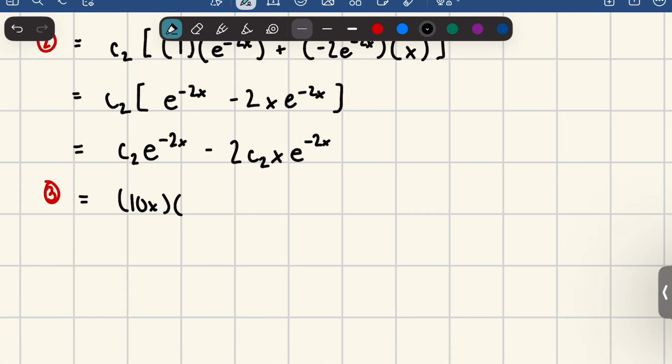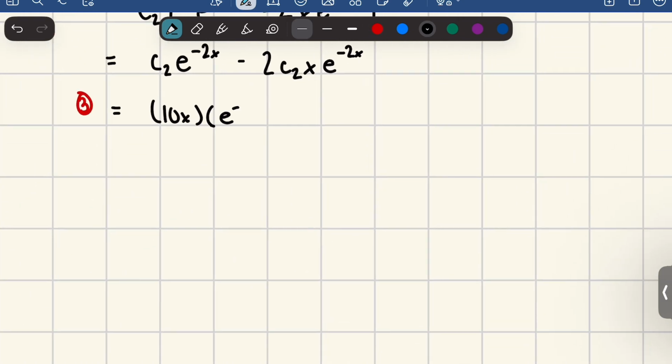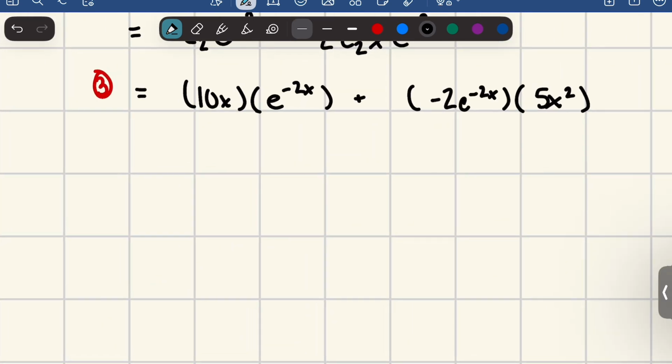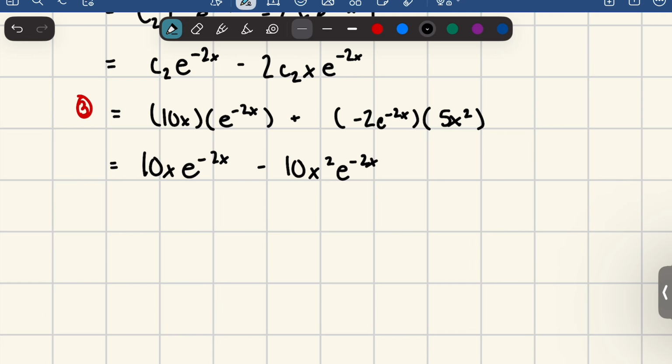And g is e to the negative 2x, plus negative 2e to the negative 2x, that's my g prime, and f was what? 5x squared? Yes. This feels like it's gonna be good later. There's 2 10s.